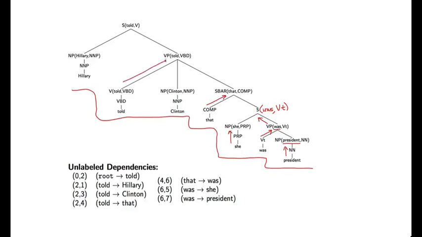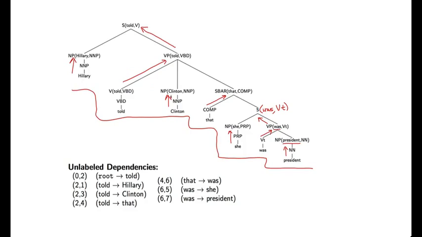So in the same way as I showed you earlier in the course when we looked at lexicalized PCFGs, we had these rules that propagated head words up through these context-free trees. So this lexicalization step was used in deriving lexicalized PCFGs.